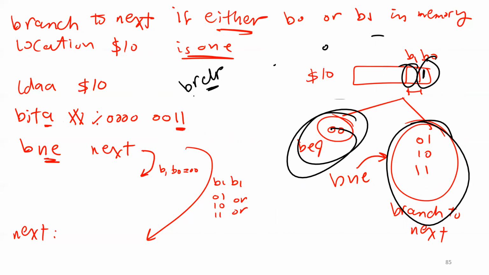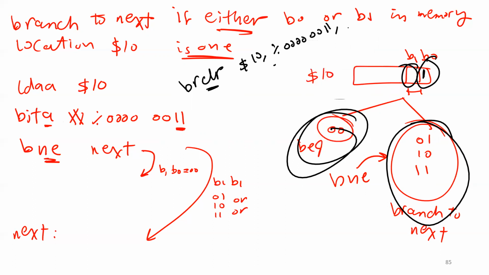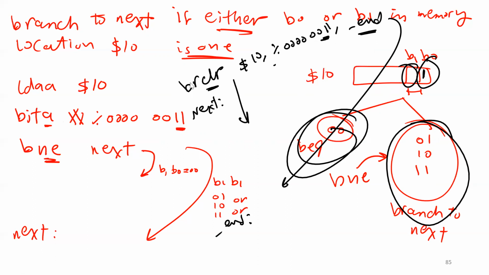So if the 2 bits are 00000011, go to a location, I'm going to call it end. So if both of them are zeros, I'm going to come here to end. If not, next is here. So if both of them are not zeros, like this case, I'm going to come here. Otherwise, I'm not going to do this part.